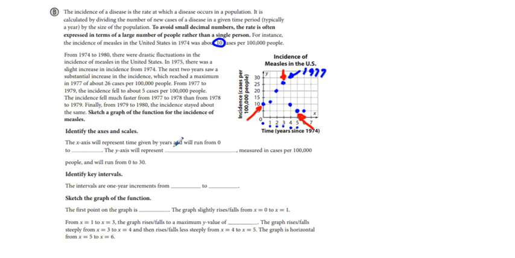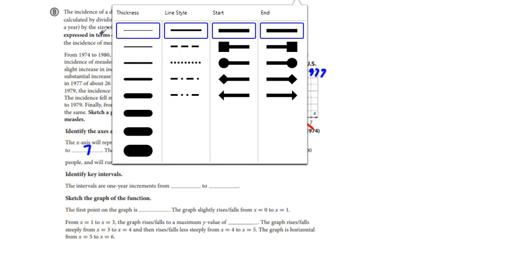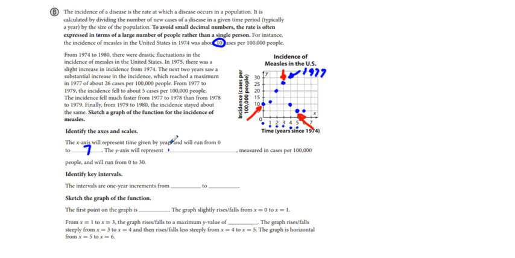The x-axis will represent time given by years and will run from 0 to 7. The y-axis will represent incidence of measles, measured in cases per 100,000 people, and will run from 0 to 30.